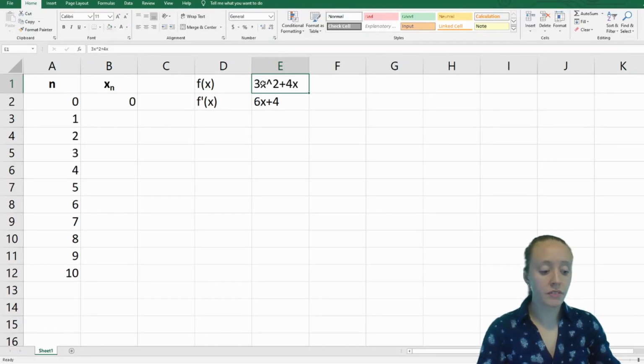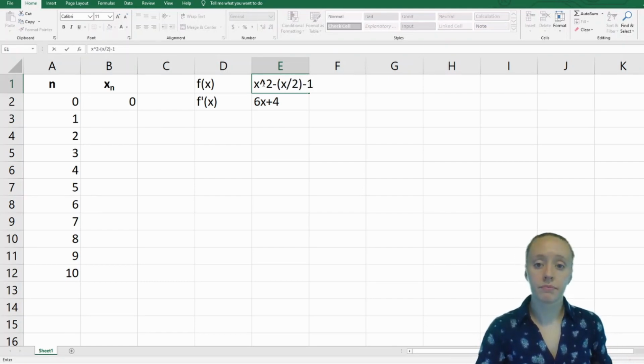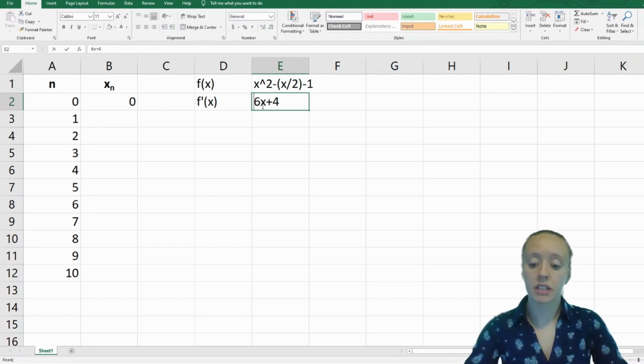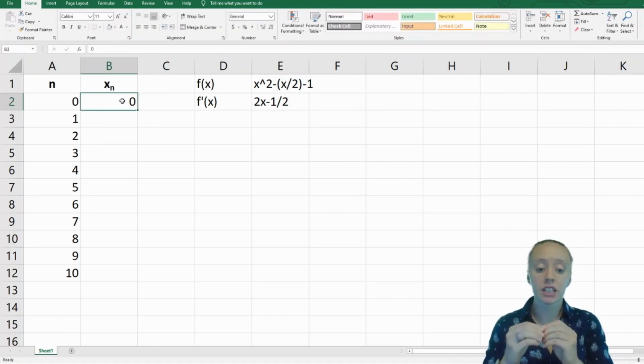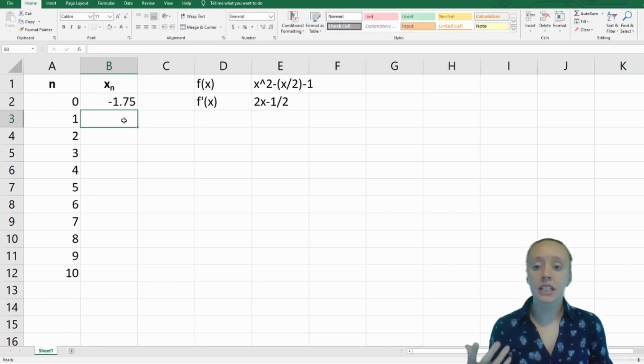So our new function value we said was x squared minus x over 2 minus 1. So just writing this so I have a reference, then my derivative was 2x minus 1/2. So the first value I'm going to estimate for that intersection point was negative 0.75. Now I'm going to enter in my formula.